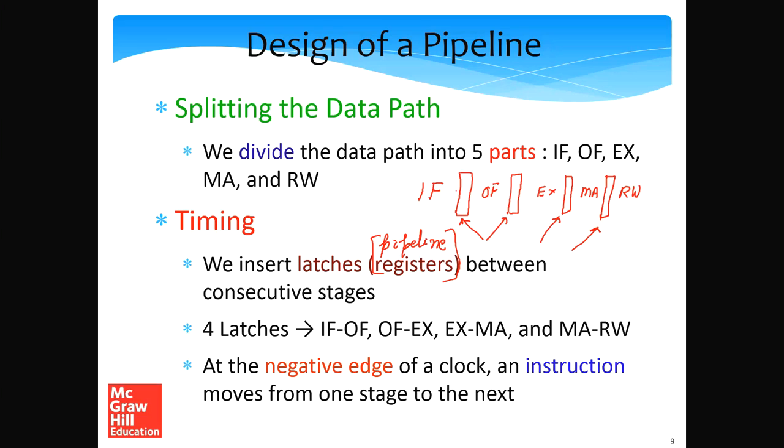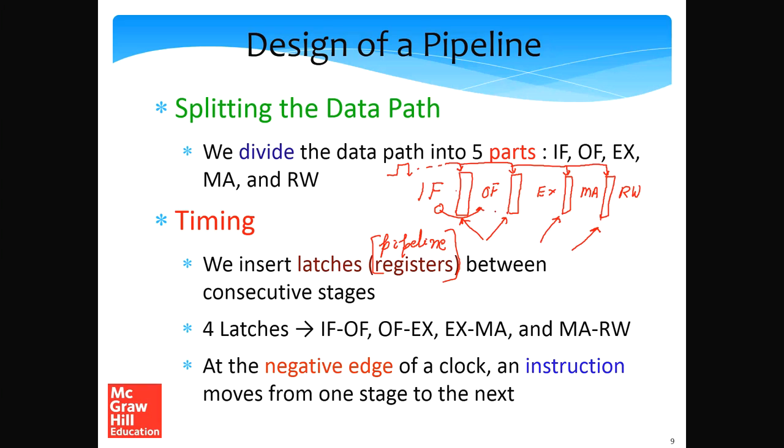So these latches are actually controlled by a clock. See, if this is the clock, so the clock goes to all the 4 latches, here, here, here, and here. So the way we design it is that at the negative edge of a clock, one instruction which is in one stage will move to the next stage, right?